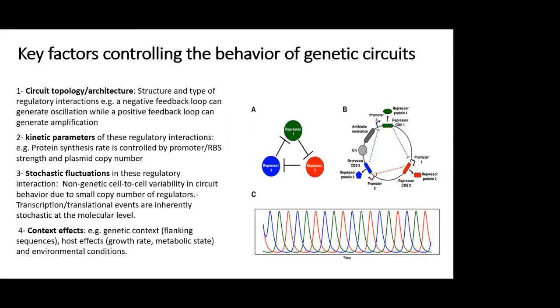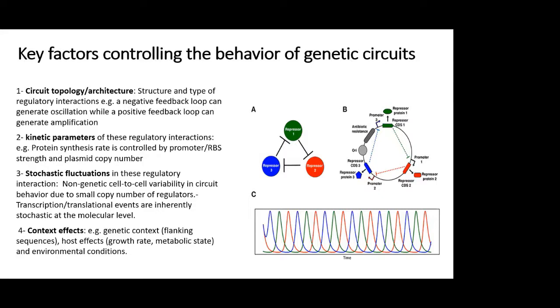first of all, the circuit topology, the structure of interactions in the circuit. We could have the same function implemented by different topologies, different interactions. There are many genetic oscillators that have been published in the literature with different circuit topologies.